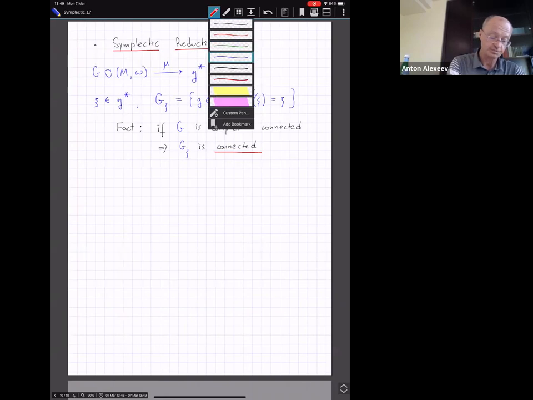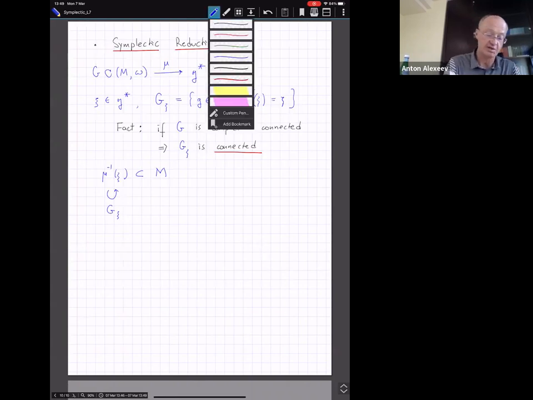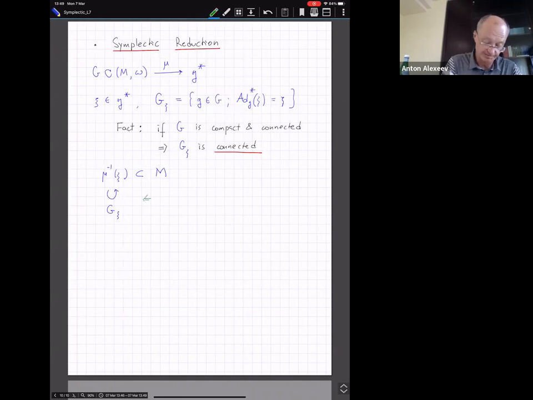So let's consider the fiber of psi sitting inside M. Then, obviously, or maybe not so obviously, the fiber carries an action of the stabilizer. Indeed, the moment map is equivariant, right?